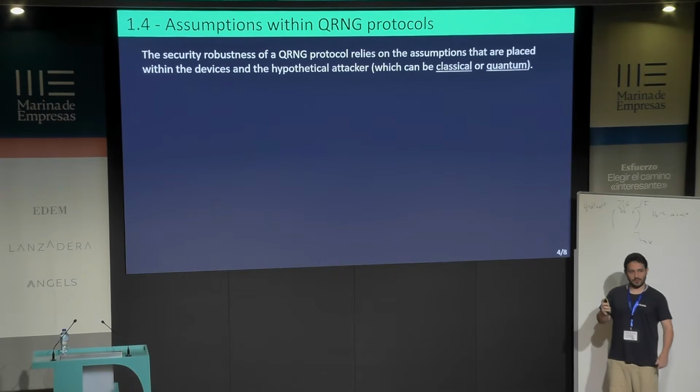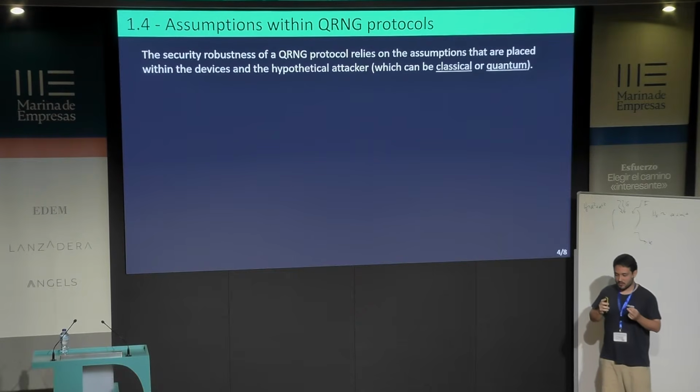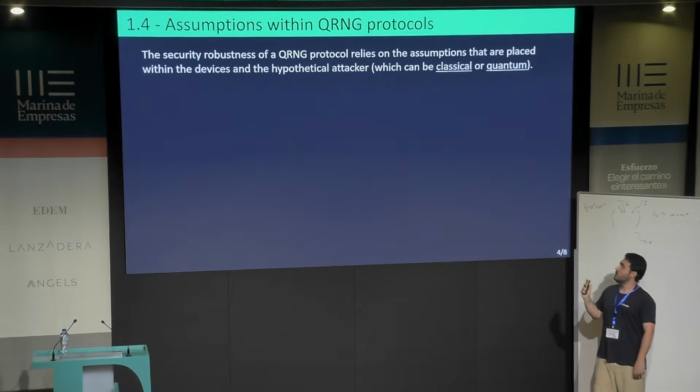And for that, I need to talk about the assumptions that one can make when we devise a QRNG protocol. And we can place the assumptions on two different parts, either on the device or on a hypothetical attacker that's in control of the environment that may affect our device. And we can constrain that attacker to hold either classical information or quantum information.